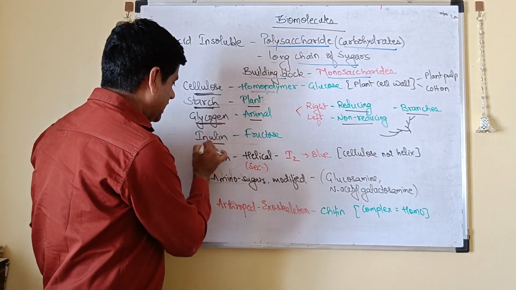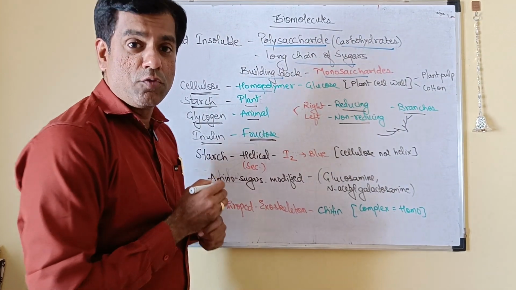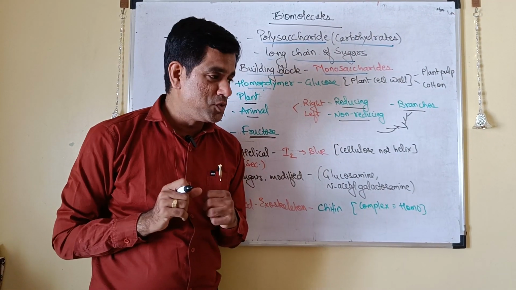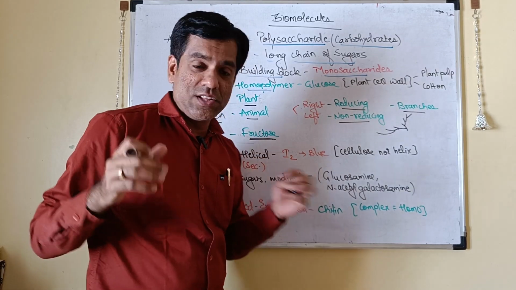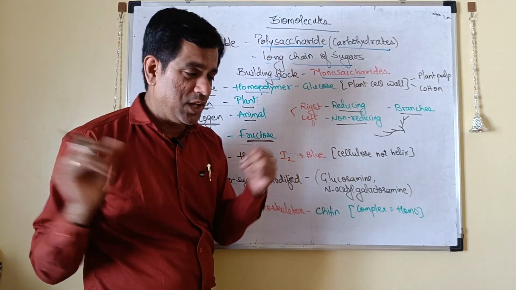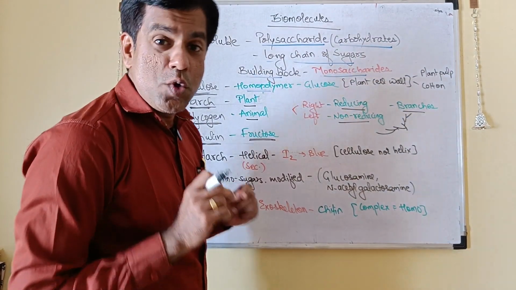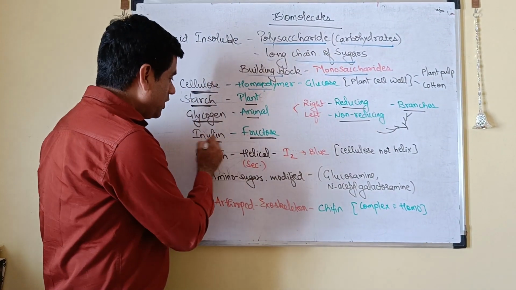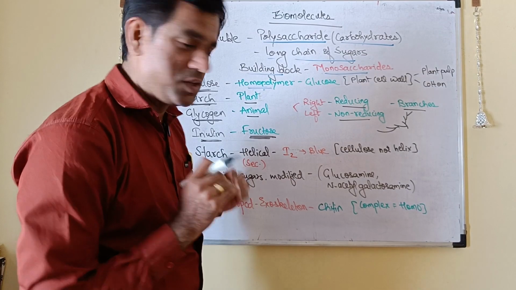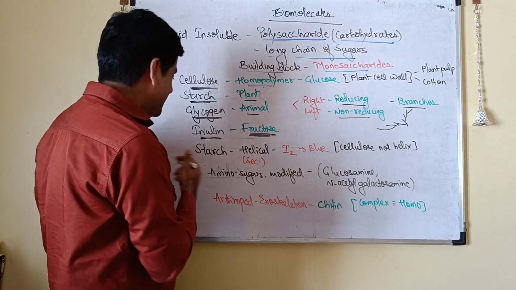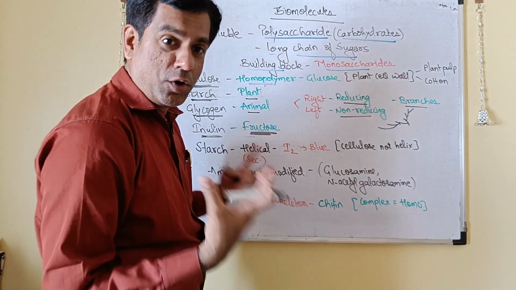You have another polysaccharide, inulin. Remember, it is made of fructose. Many times you get confused between inulin and insulin. Insulin is a hormone, which we had seen in proteins, controlling our blood glucose level. Anyways, here we are talking about inulin, one S less. This inulin is a polymeric fructose: many fructose joined together form inulin.